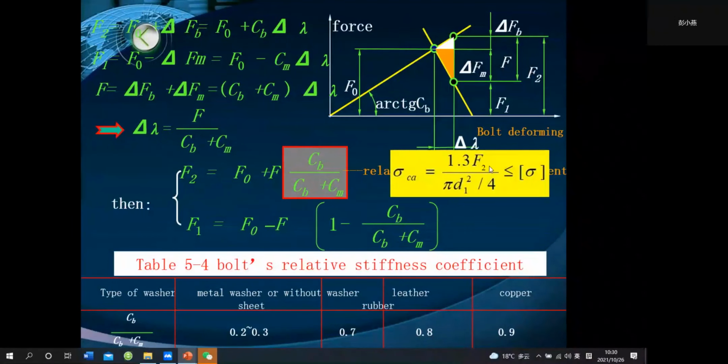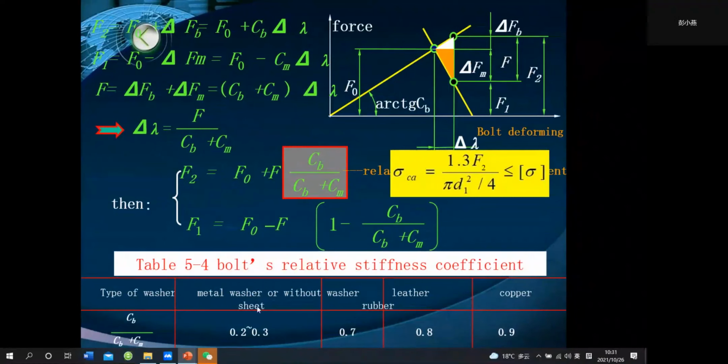F2 is the total force acting on the bolt. So this is the strength criteria of the bolt. Under this condition, the joint is subject to axial force. So use these two formulas, we can calculate the force acting on bolt and members.